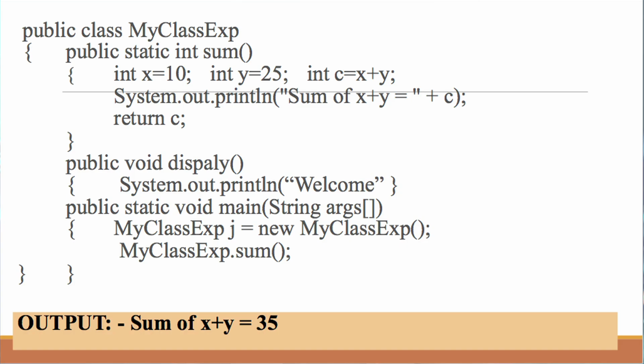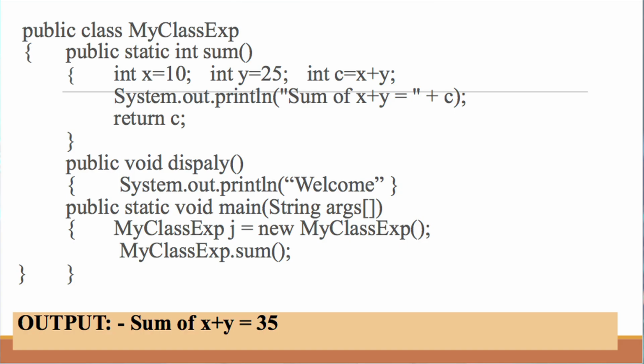While we execute this display function, then we will write j dot display. So it will display a welcome message accordingly. For display function we have to mention j dot display, means object name dot function name, while in case of the static function we have to use class name then function name. So this is the difference between two different functions.